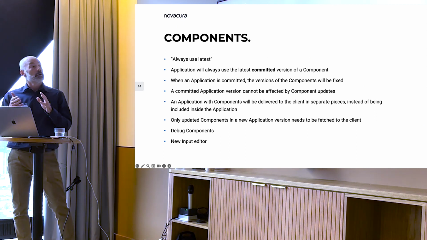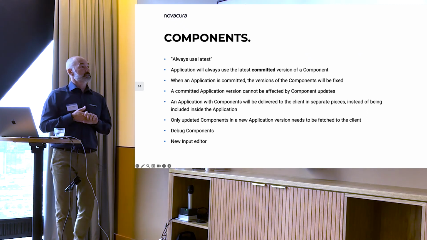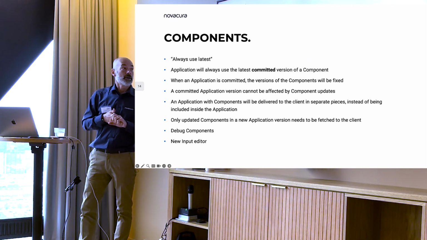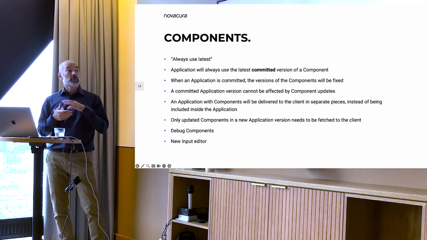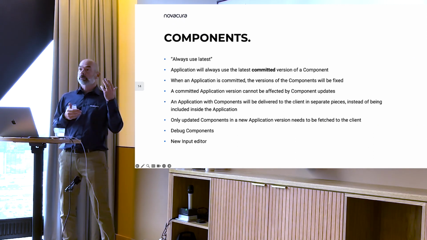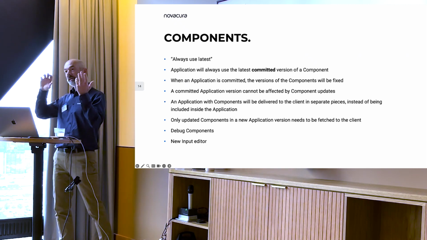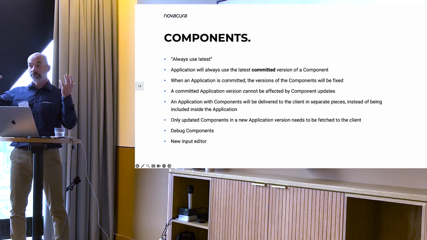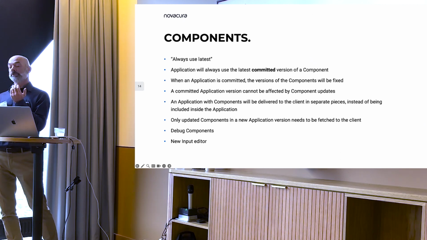And when we are ready, we see that, oh, this new version of component B works great, and we are ready to deploy it for testing. Then we commit the application itself, and that will fix all the component versions in that, so all the components that this application is using.